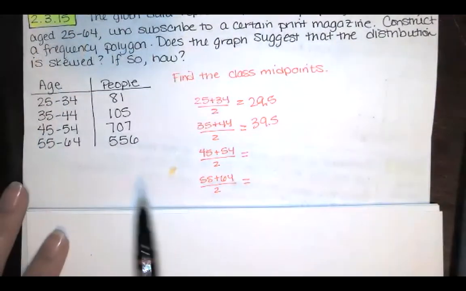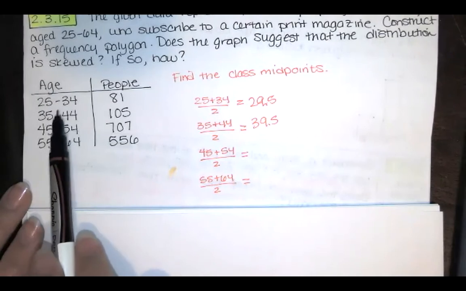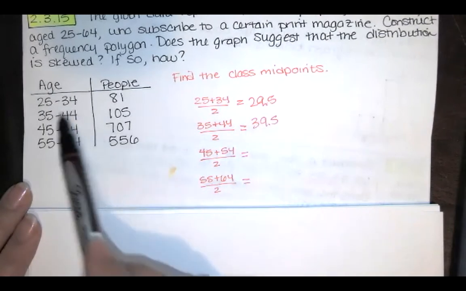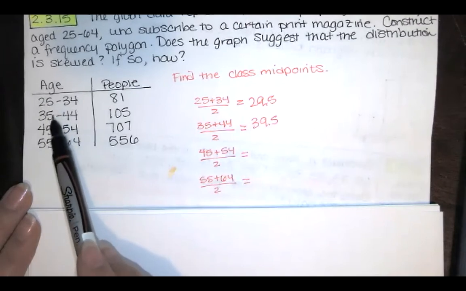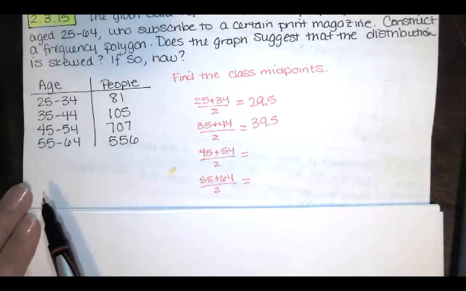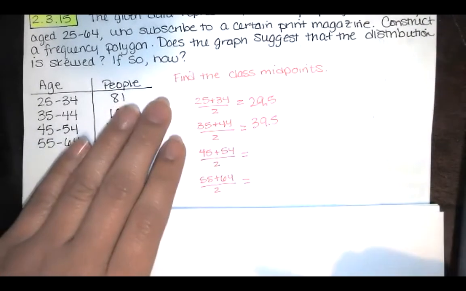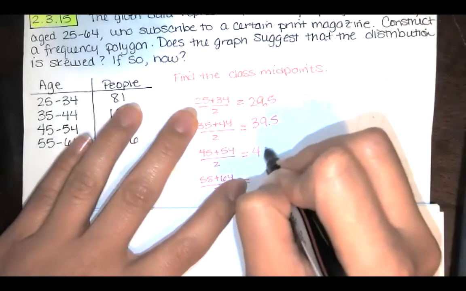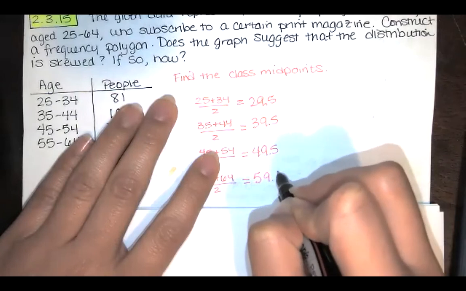That actually makes sense because the difference between the class midpoints should be the same as the class width, and the class width is 10, because to get from 25 to 35, I add 10, and to get from 35 to 45, I add 10. So these should be 10 apart as well. Since these should be 10 apart, I know that this answer will be 49.5 and this answer will be 59.5.